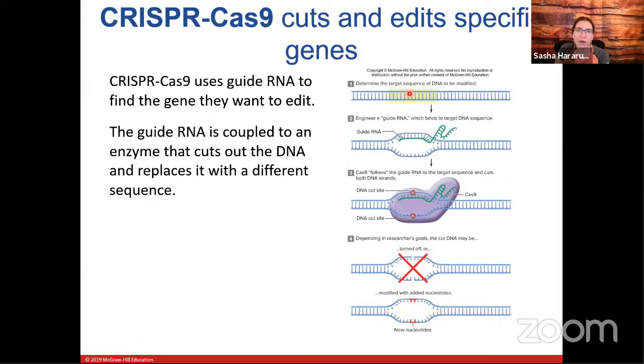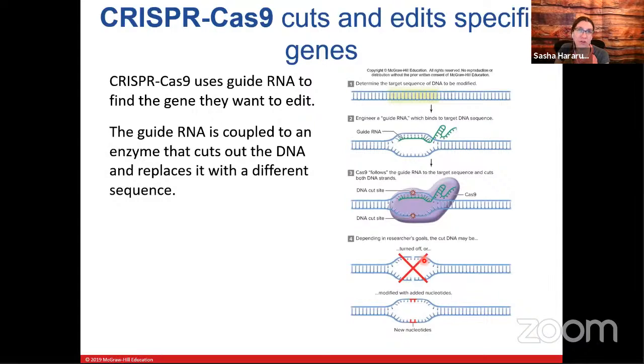So we can identify a gene, engineer an RNA that would bind to that gene, then inject the enzyme, which would locate this RNA and bind to the locus on the DNA, and then do whatever with it.